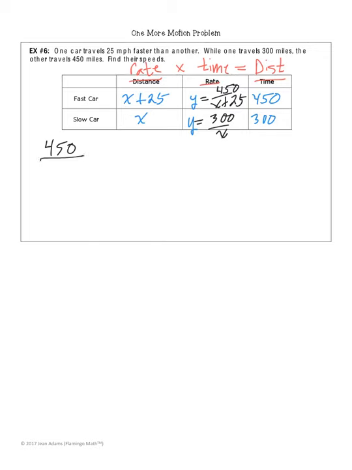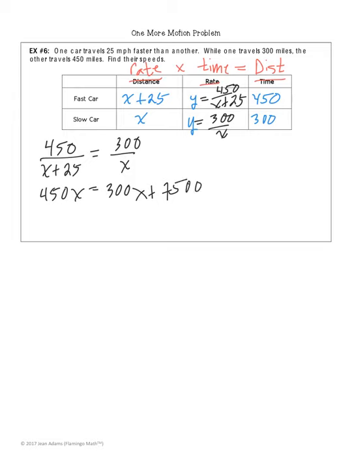450 over x plus 25 equals 300 over x. So cross multiply. We get 300. Actually, I don't want to do that. I want my 450x on the left and 300x plus 300 times 25, I should have known that, 7,500.